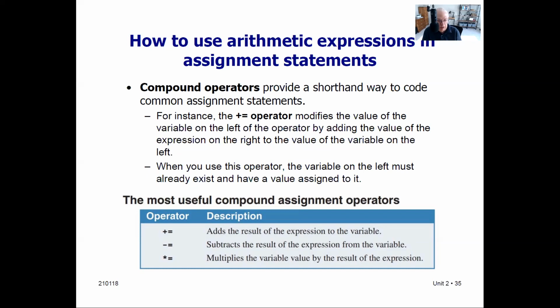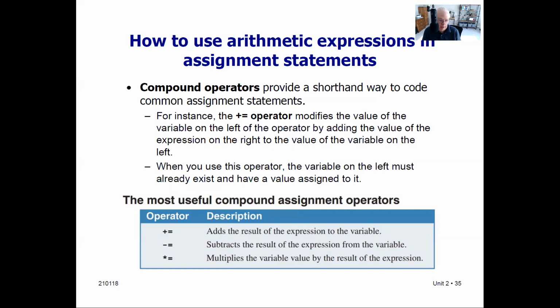And so when you use the compound operators, make sure the variable on the left exists and has a value to it, okay? Remember, we initialize those values at the beginning of the program. That's a good reason to do that, so your compound operators will work. It's not required, but it's a best practice to go ahead and initialize those the first time those numeric literals come up in your code.